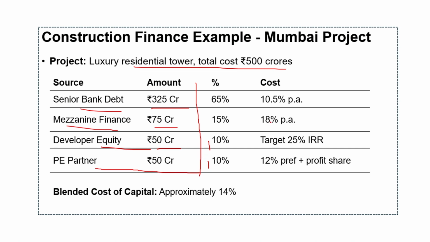So that is the overall breakup, which is your blended cost of capital of approximately 14%. This kind of stack you will see for such projects.